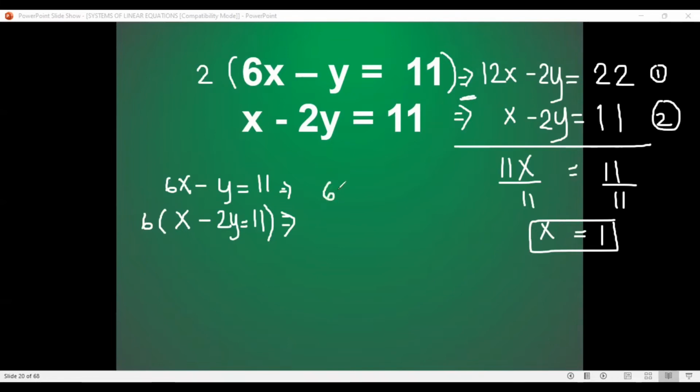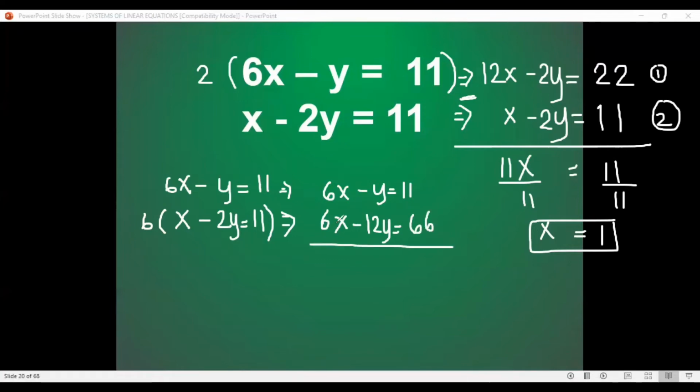We just have to copy the first one, so this becomes 6x minus y is equal to 11, while in the second one we have 6 times x, that results in 6x, and then 6 times the negative 2y gives you a negative 12y. And multiplying 6 by your 11 results in 66.